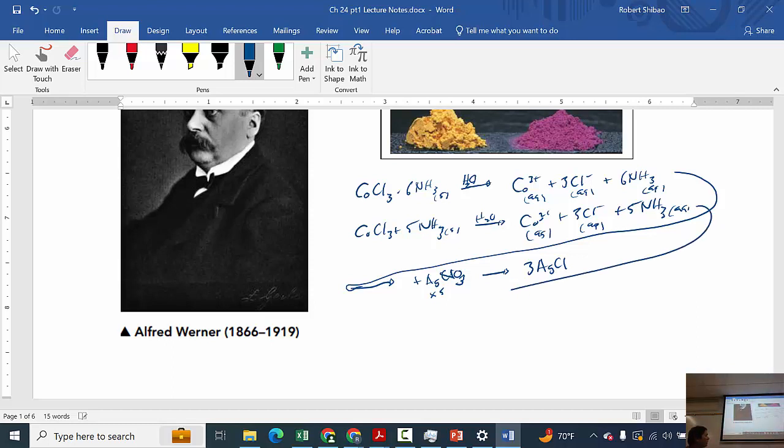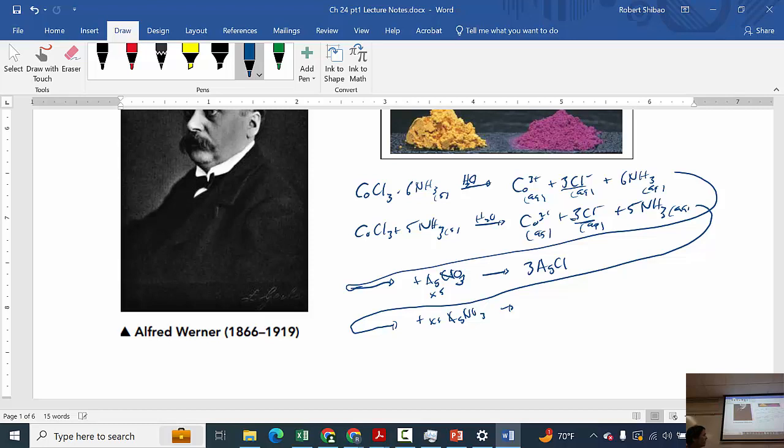All right. If I do the second one, will I get the same amount of silver chloride? So I add excess silver nitrate. How many moles would I expect from the penta ammonia versus the hexa ammonia? Would I expect the same amount of silver chloride in both of these? Well, how many moles of chloride do I have in the first one? 3.